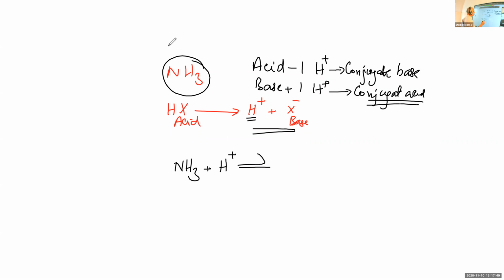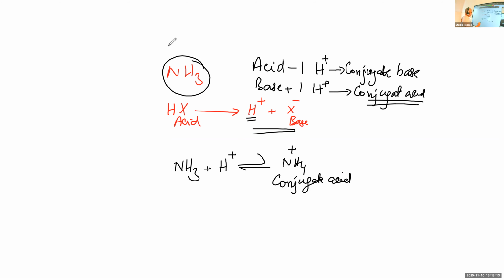Then what is the product obtained? NH3 plus H+, you will get NH4+ ion. And this is the conjugate acid of NH3.